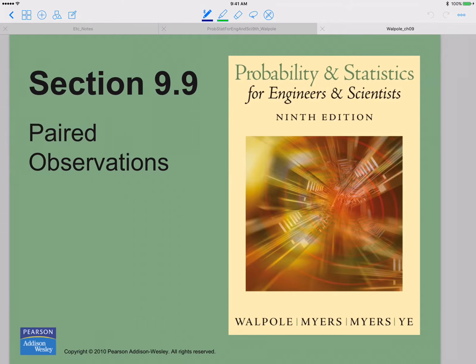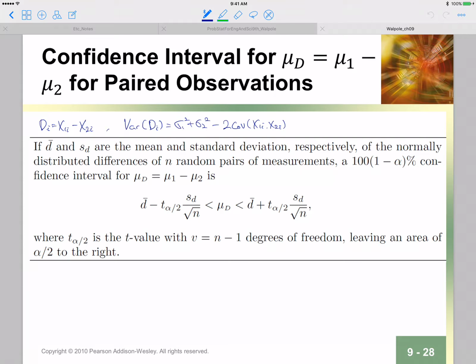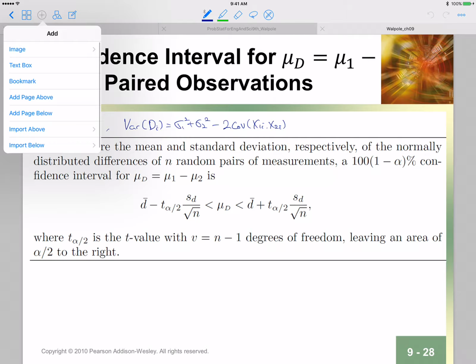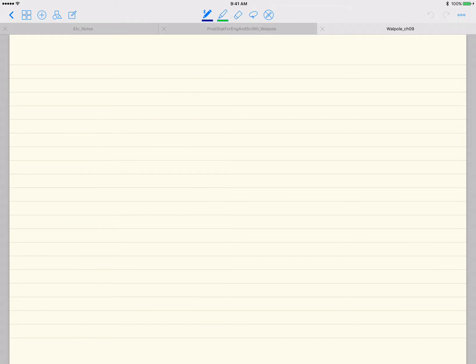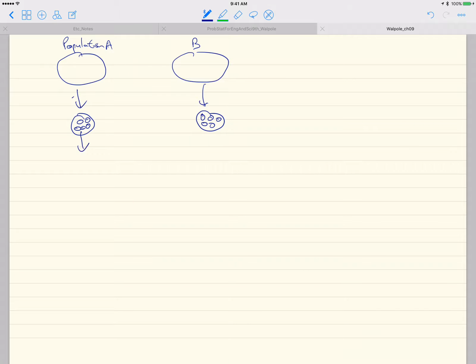But in this case of paired observations, let's see. Again, we have two populations A and B, and obtain their own samples that may have 5 different samples, and then we compute the sample mean, right? And then we consider their differences in this manner.